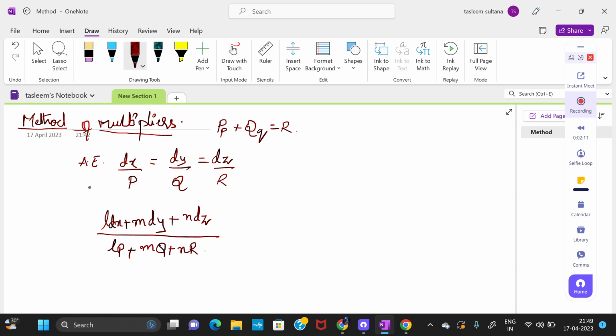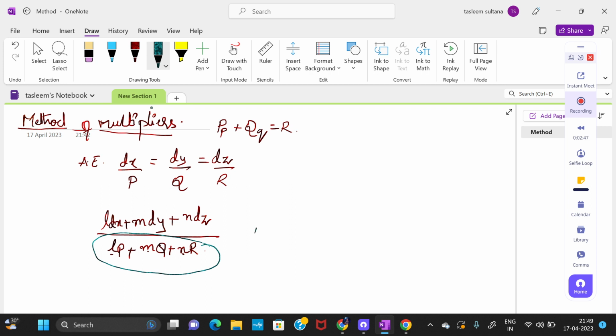You are going to choose l, m, n in such a way that the denominator term becomes 0. Something by 0 is infinity, but here we are not going to write infinity, because according to the theory you have to make your denominator equal to 0.